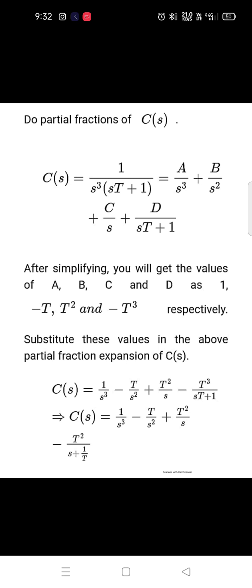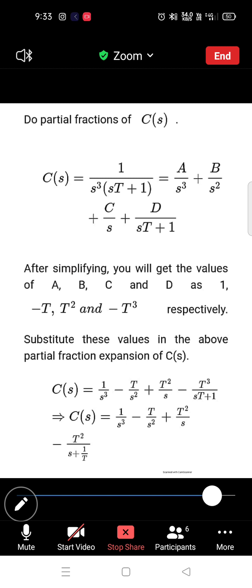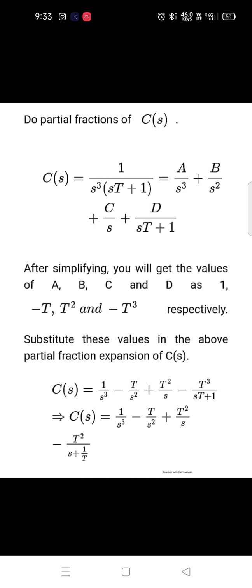So by substituting these values A, B, C, D, we will get the output as 1 upon s cube minus T by s square plus T square by s minus T cube by (sT plus 1).